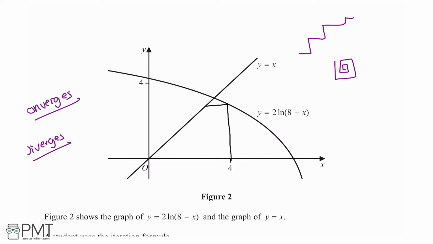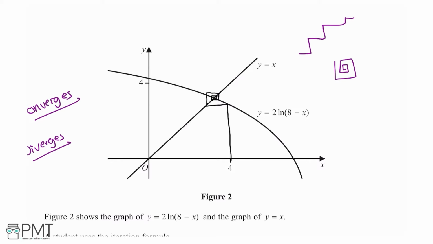Like this, okay? From y equals x, we draw a vertical line back to y equals 2 ln(8 minus x), and then a horizontal line to y equals x again. And this process just keeps repeating. And let's do a few just to be 100% sure, yep, it converges to where we need it to.